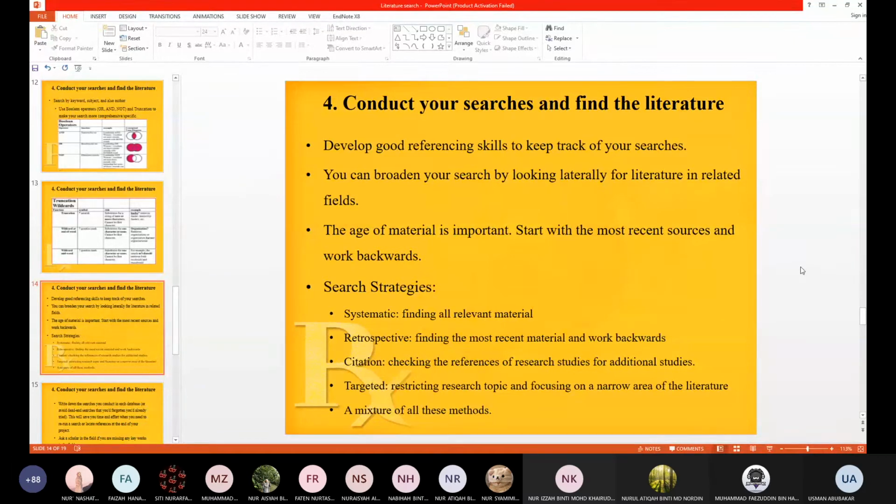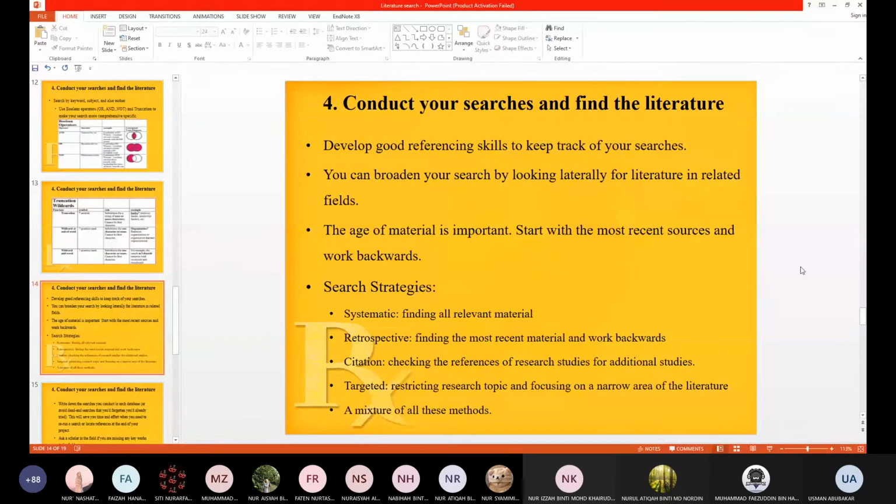The other thing again is the search strategies. If you are conducting a systematic review, usually you want to capture all relevant materials. Sometimes you can start from the most recent one using the retrospective method. You can start from the most recent material and then go backward in time to see the trend of the information available on that topic.